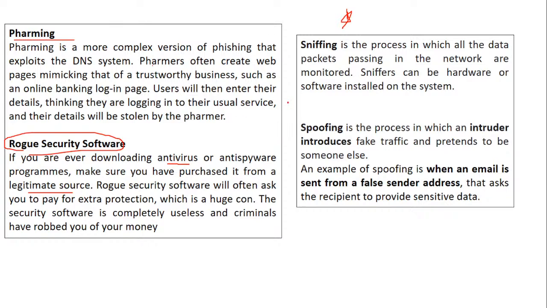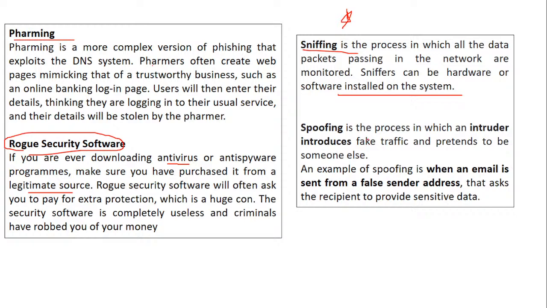Okay, now sniffing and spoofing. What is this? Sniffing is a process in which all the data packets passing in the network are monitored. Sniffers can be hardware or software installed on the system. So whatever is happening in your system, they can have a close look at it and take your valuable information.